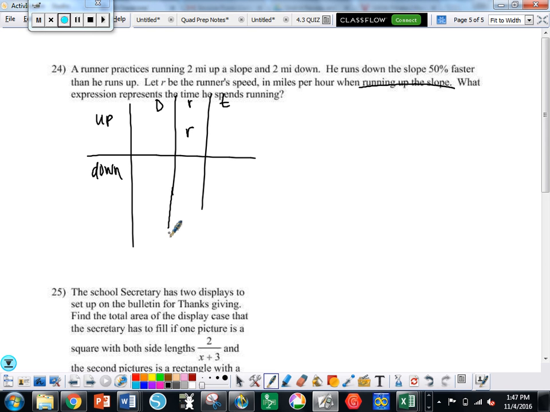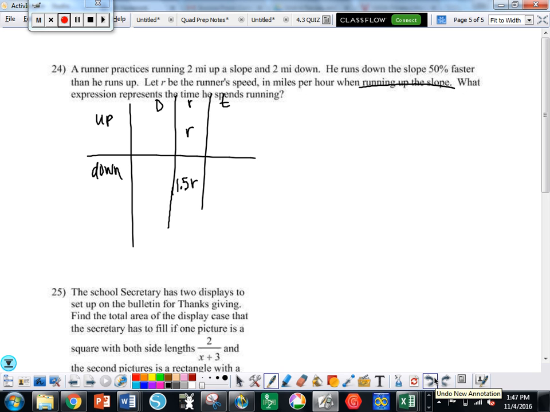He runs faster going down. So I need to increase his speed by 50%. That 0.5 here is 50%. The 1 stands for how fast he runs going up, and then the 50% is the 0.5. Together make 1.5. There we go.